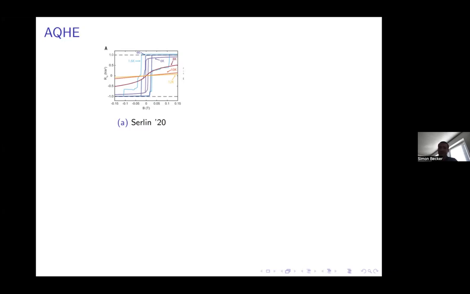Mathematically, I think we can easily understand this in terms of Chern numbers. But in our case, here we're plotting the magnetic field being equal to 0, and for very low temperatures, we see this jump here in the resistivity, at zero magnetic field, essentially a discovery of this anomalous quantum Hall effect in twisted bilayer graphene.